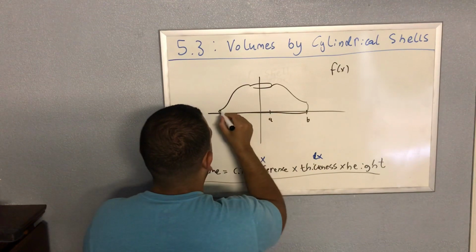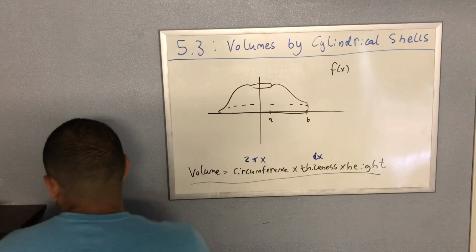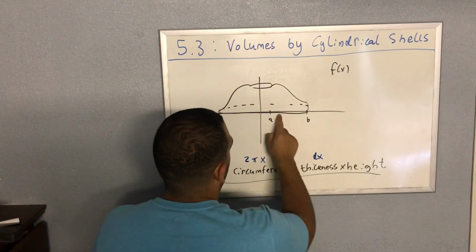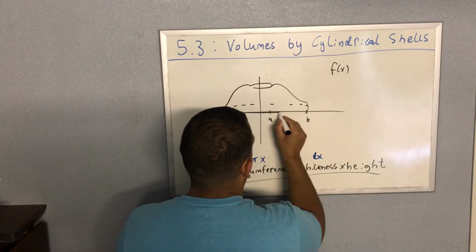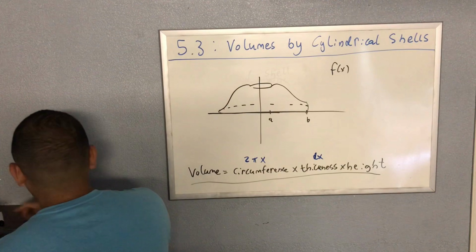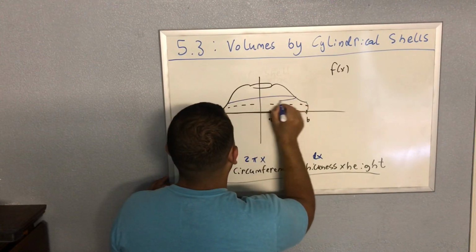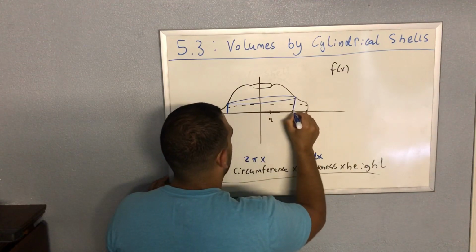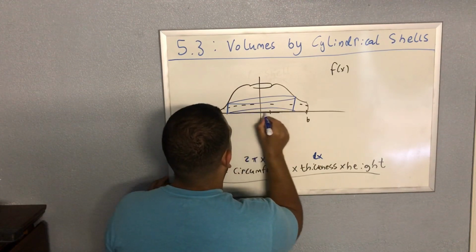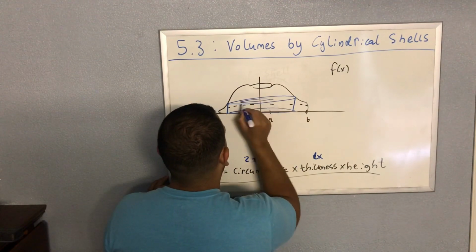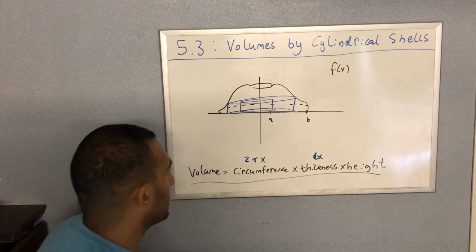So you get this bowl looking object, and when we make the cylinder like this, it goes all the way down to the x-axis. Okay, I like this drawing more. So that's the cylindrical shell.